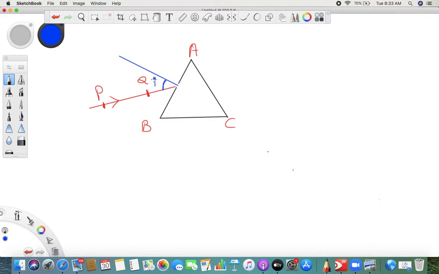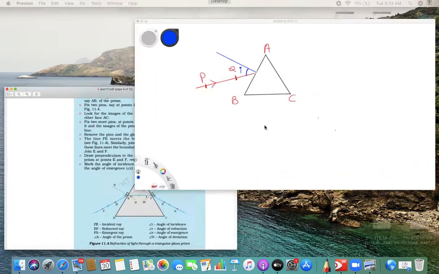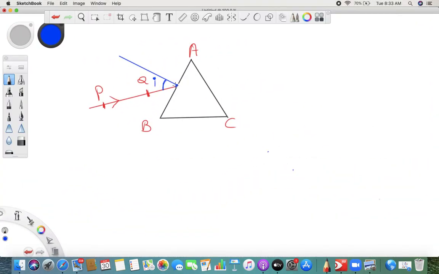So I'll write it as i. Now what they're trying to tell you is that when a ray is incident, we give that point a name also, we give it as E. Okay, so I'll name this as E. This is your 90 degrees and that was your angle of incidence. Let the incident ray PQ be incident at point E on surface AB.